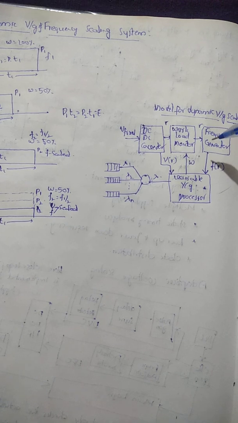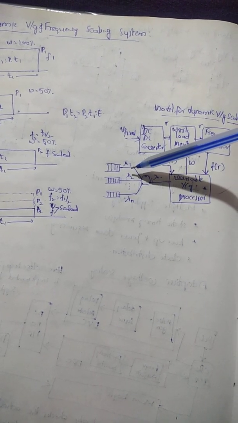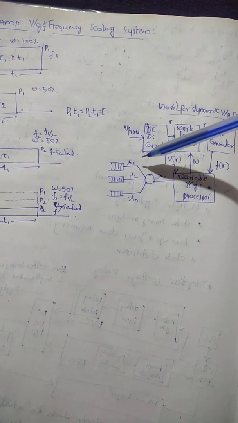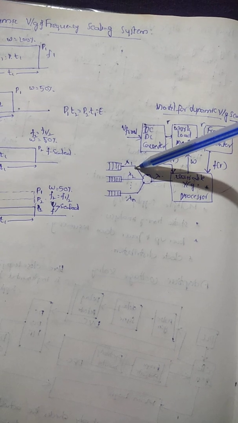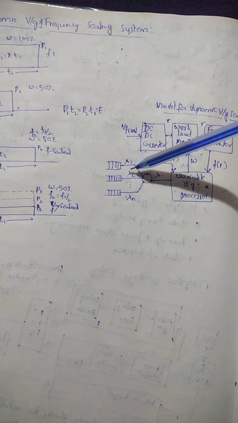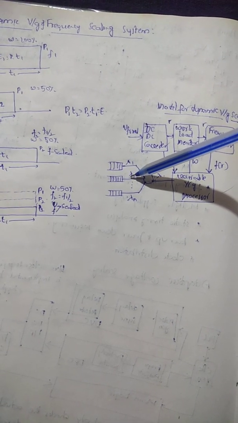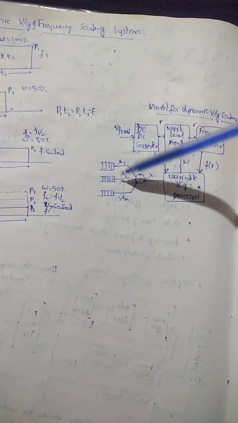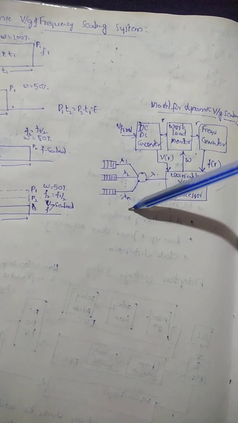Now if you see here, let me consider that lambda 1 is the average rate of arrival of task T1 from source S1. In the same way, lambda 2 is the average rate of arrival of task 2 from source 2, and it continues in the same way.